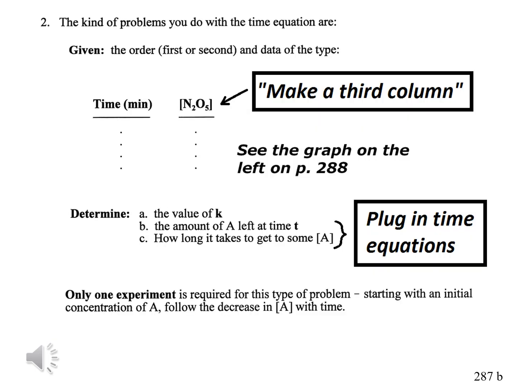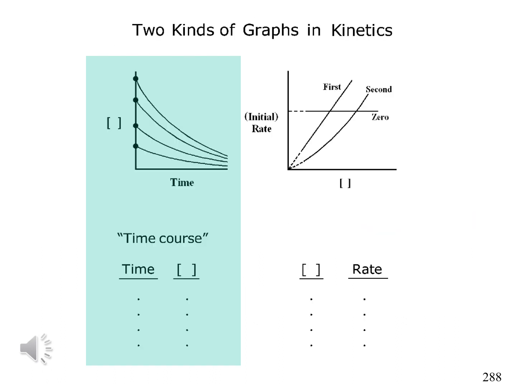If I give you time versus concentration data, you make the connection that you're going to make a third column. You then get the slope, and that gives you the value of K, and then you use the time equation to plug in to get the amount left or the amount of time it takes. That's the math you do for this first kind of reaction where you have time in the data.